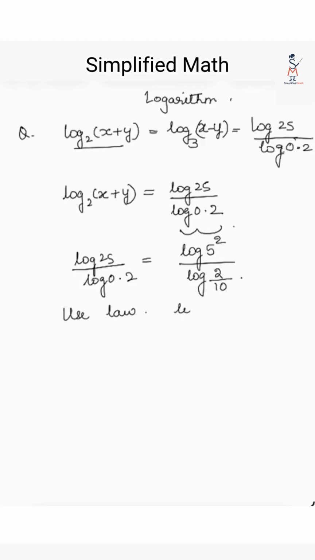We will use log a raised to the power n is n log a, and the second law, that is log a by b is equal to log a minus log b.